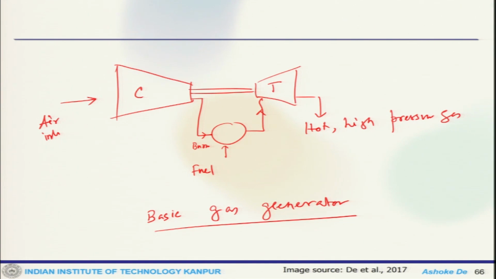Now, on top of that one can build up the turbojet system, where we have a compressor which is connected with a turbine. Now, this is connected with the burner where fuel goes in.